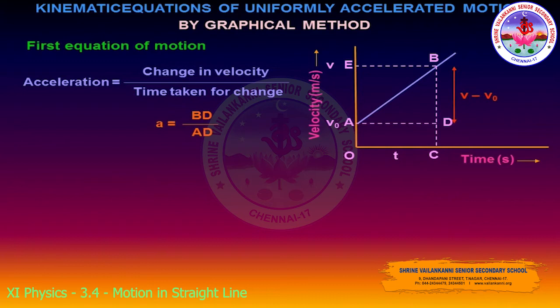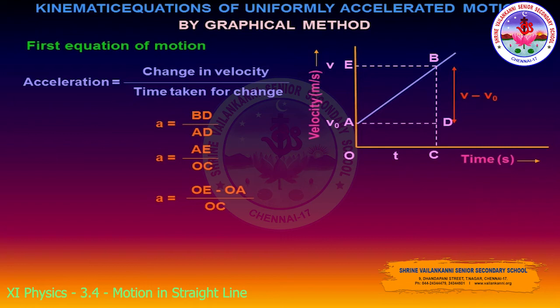So BD, that value, you want to know that theta, acceleration inclined with that T, BD by AD we said. Directly we can't calculate the value of BD. So we have taken the velocity coordinate and the time coordinate, right? So with that, A is equal to AE by OC. AE also we can't calculate directly, so from the origin we have to take it.